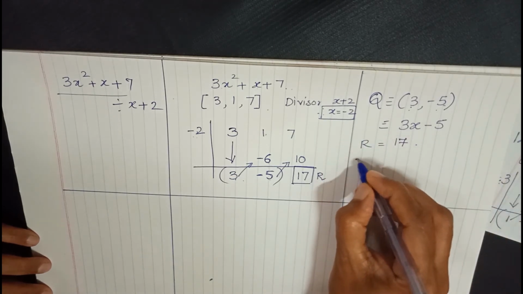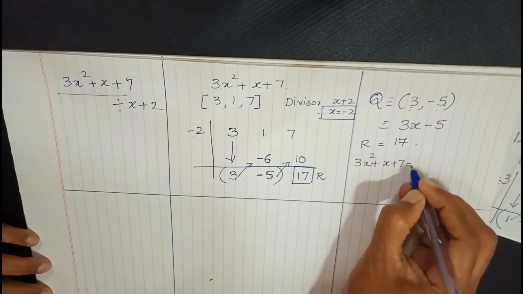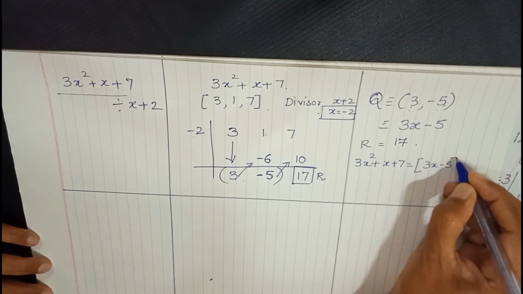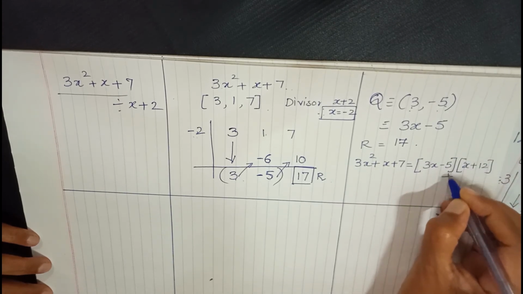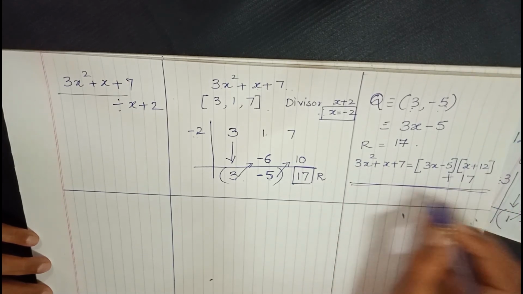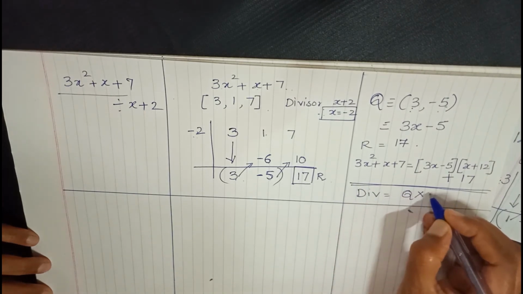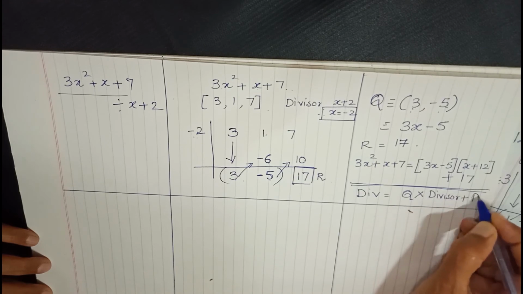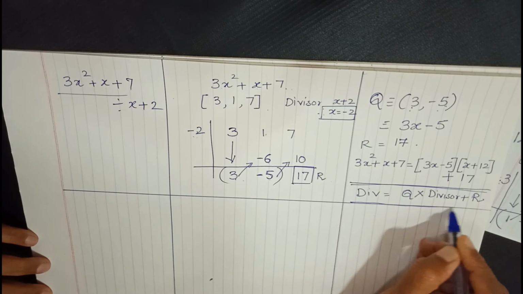Now this you can write in the form of dividend is equal to quotient multiplied by divisor plus the remainder. Right? So dividend is equal to quotient into divisor plus remainder.